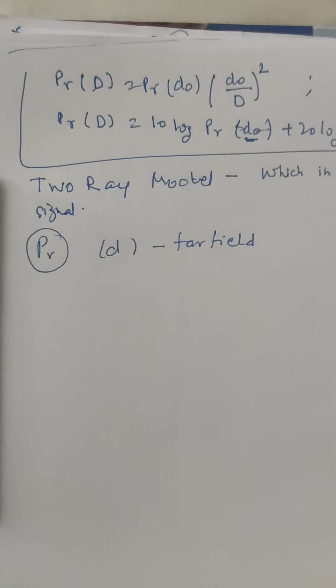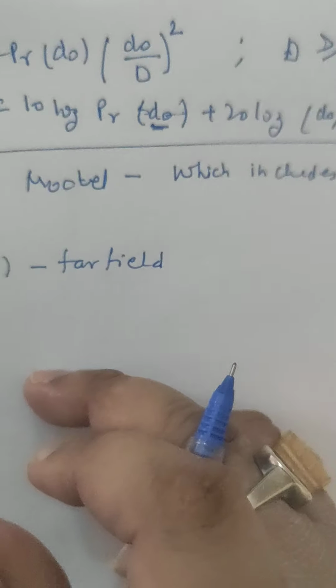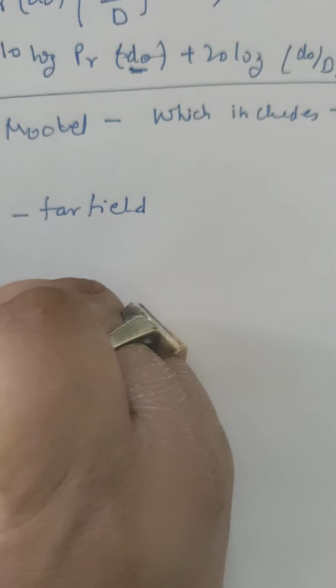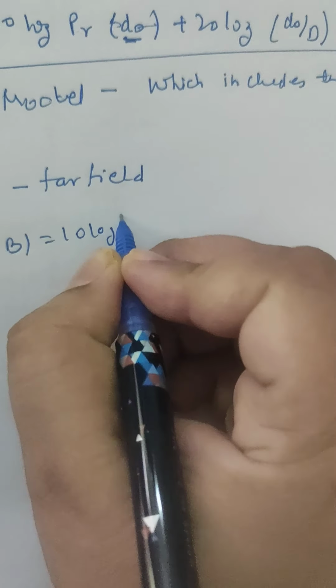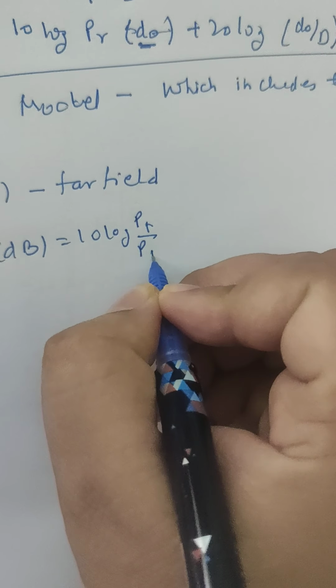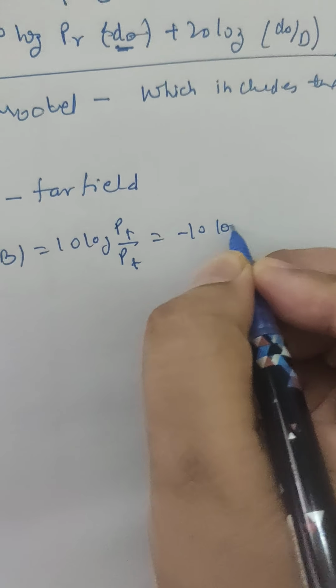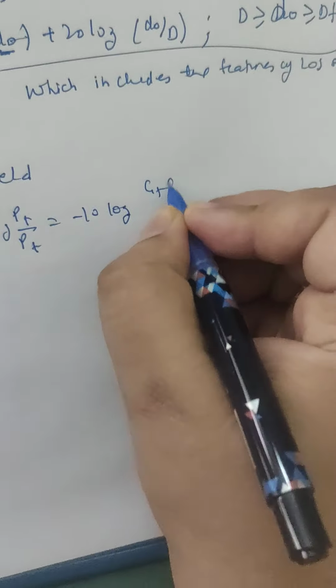So it is clear that the Friis equation does not hold for d equal to 0. The path loss is given by minus 10 log of Pr over Pt equals minus 10 log of Gt Gr lambda squared upon (4 pi) squared d squared.